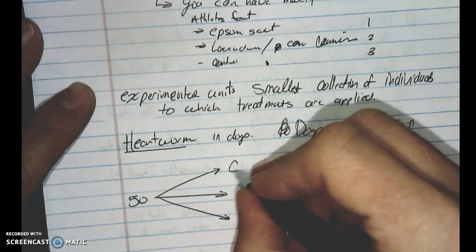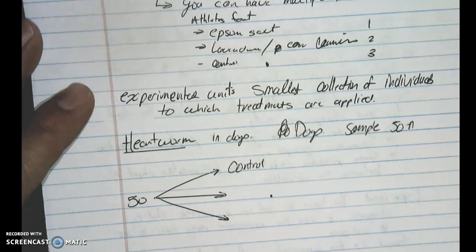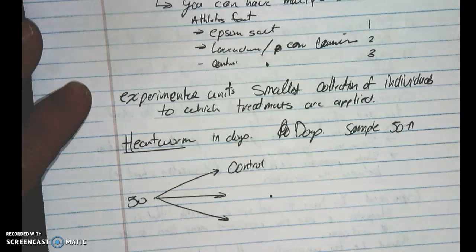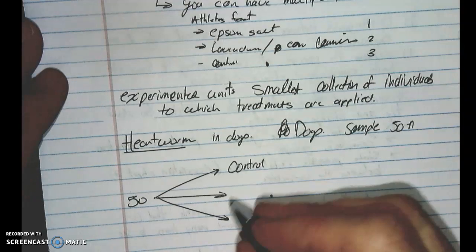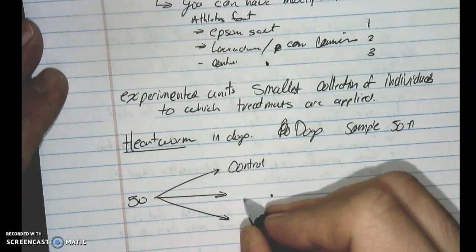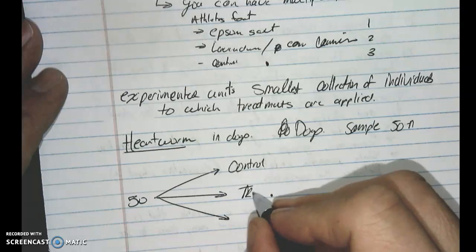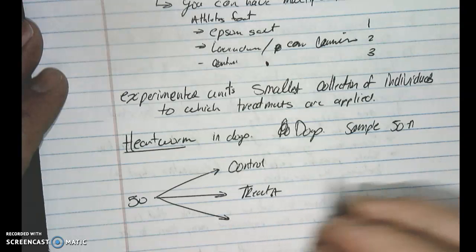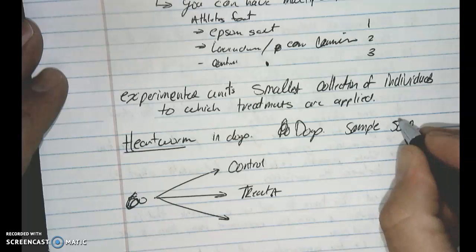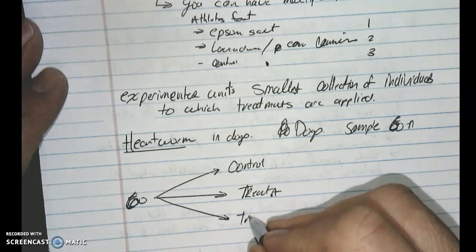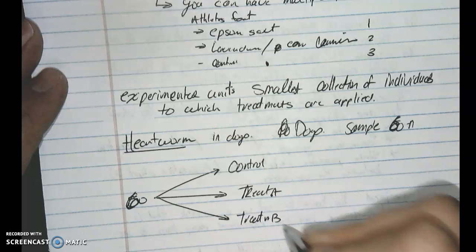So we're going to have a control, which is sad, right? We're not going to do anything to help them, but we may give them a fake pill, but we're not going to tell the people that it's a fake pill, all right? And then we're going to give them treatment A. Let's make it 60. That way we can divide it a bit easier. How about that? And then we got treatment B, which is going to be something else.